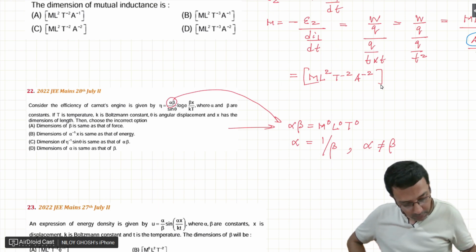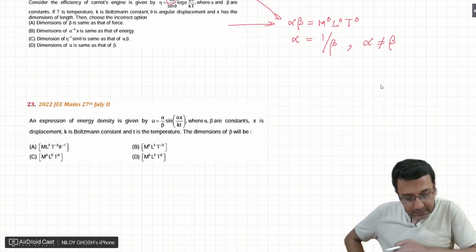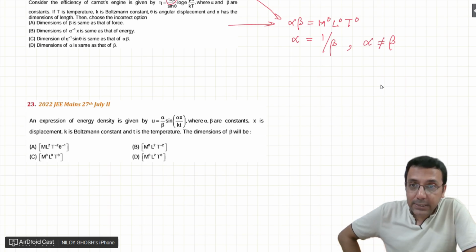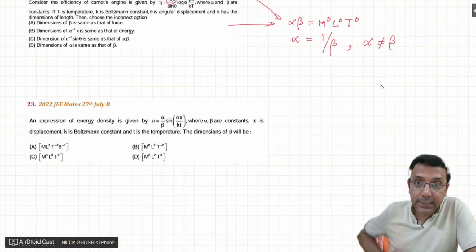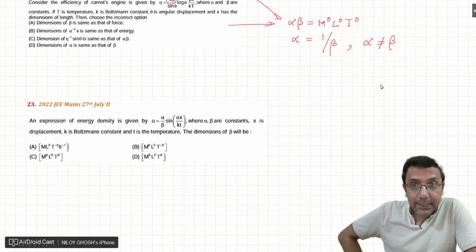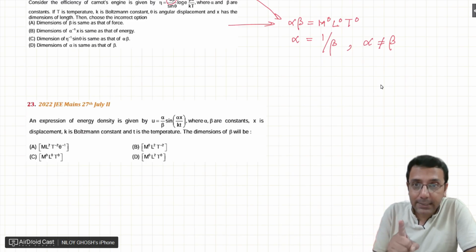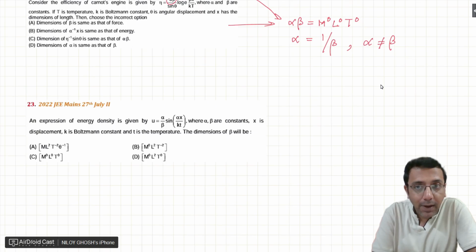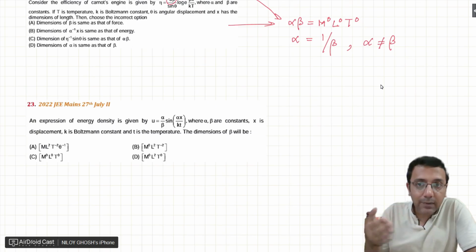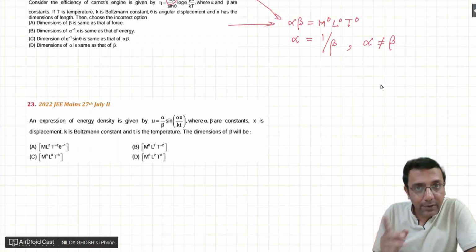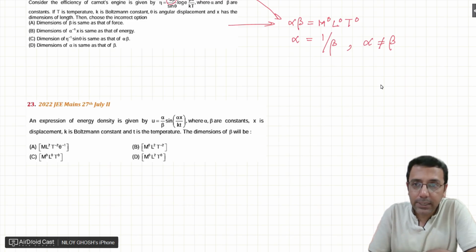Okay. Next one is the expression of energy density. So U is energy density. So energy per unit volume is energy density. Okay, is equal to alpha by beta and sine of alpha x by kt. Now sine of something is dimensionless because that is the ratio of the length of a triangle. So it gets cancelled and it becomes dimensionless. Okay.